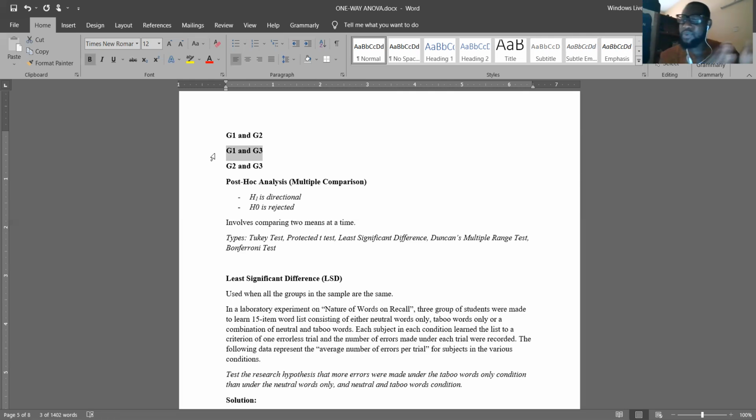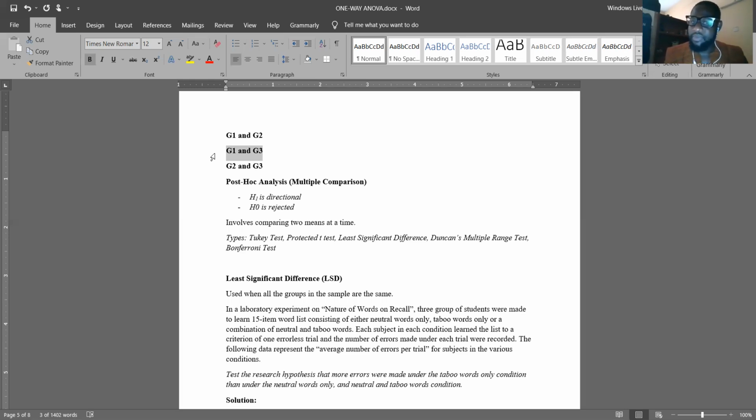So when these 2 things are satisfied, you realize the H1 is directional and you rejected H0, telling you that there's a significant difference between the groups, then it means you have to move on and do multiple comparison.